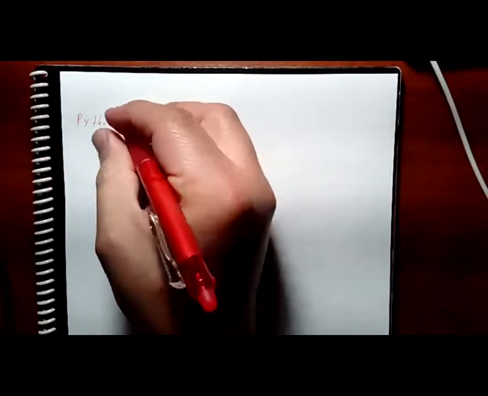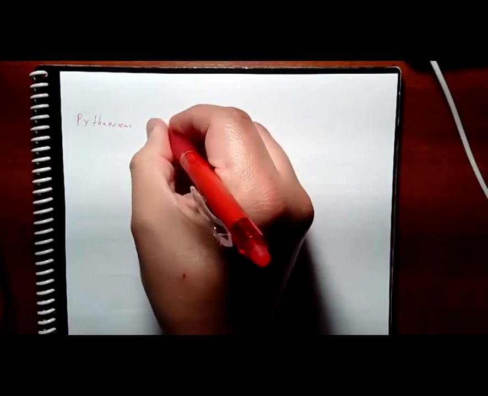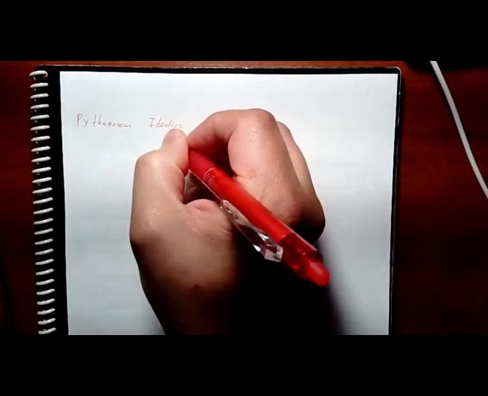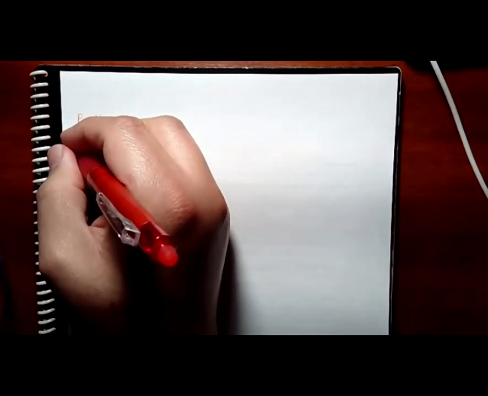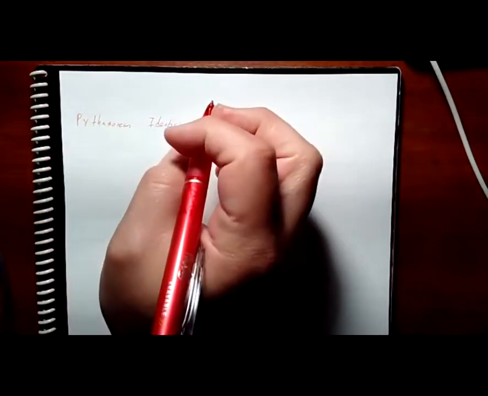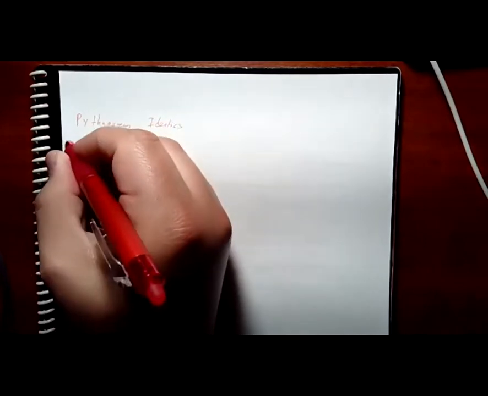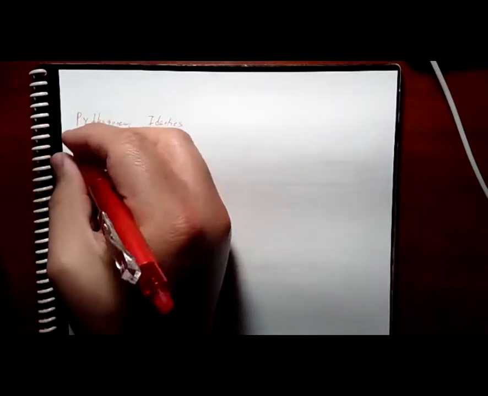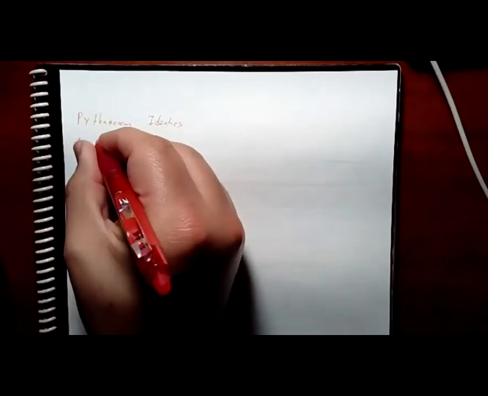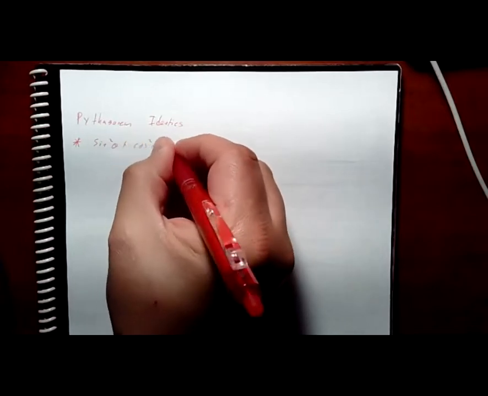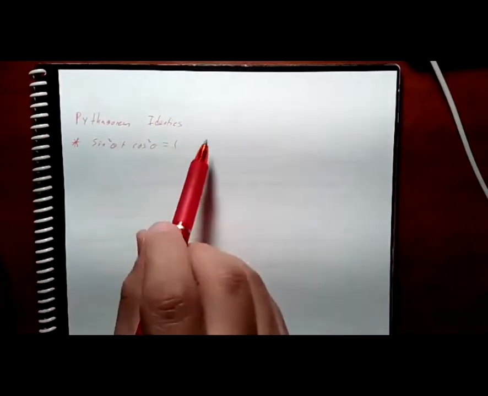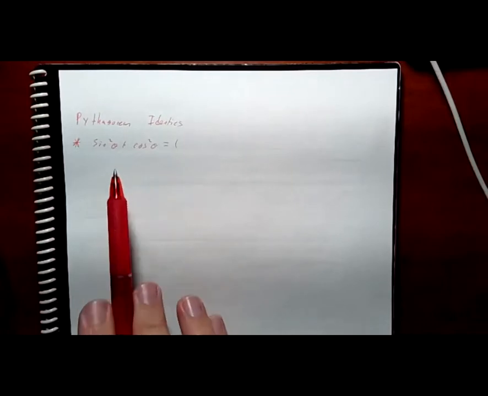Pythagorean identities. So there's really only, well, they all come from the original. This is the main one right here. Sine squared theta plus cosine squared theta is equal to 1. So now if you just do some algebra, you can create two more really easily.